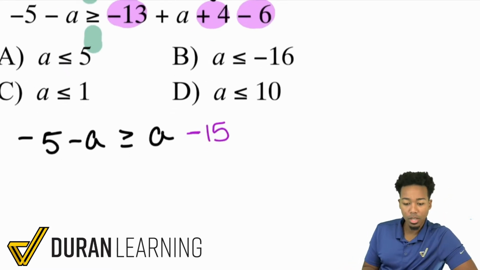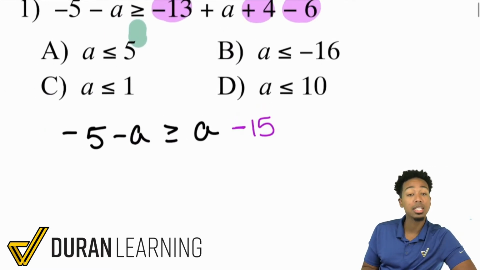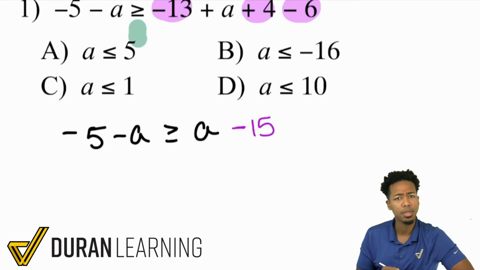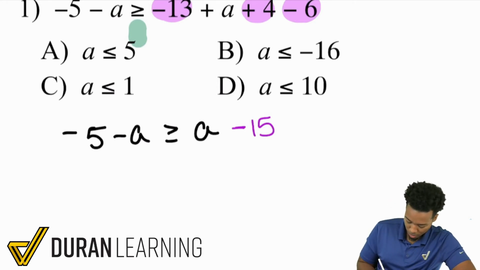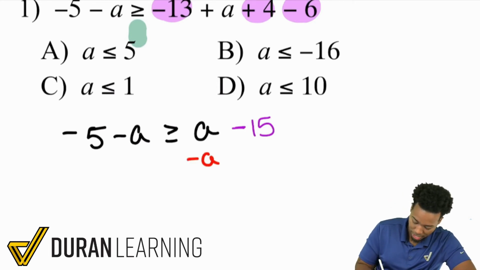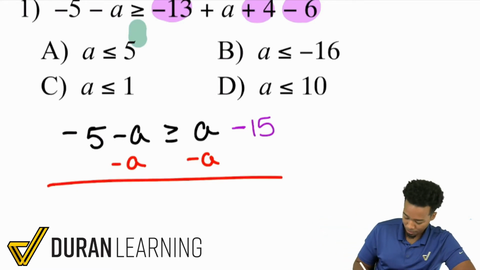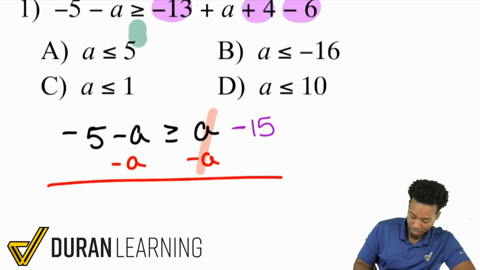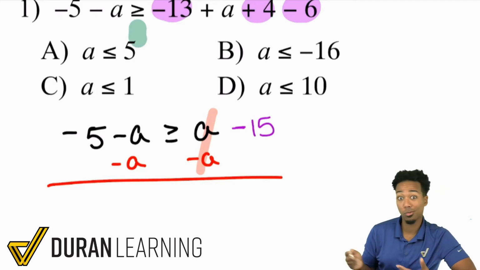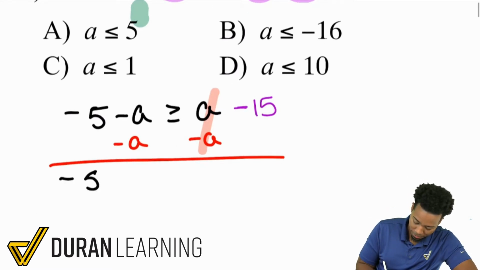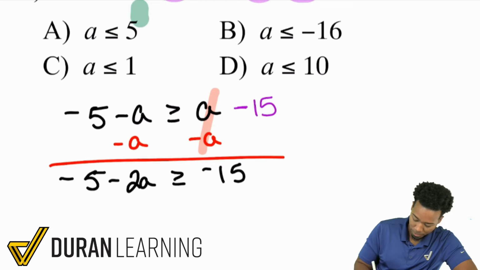Now that we're here, we're going to try to get the a's on the same side, get the numbers on the other side, and then see what we have to do from there. So I'll subtract this a on both sides just to move it over to the left side, because it's going to cancel here. Then negative a minus a, or negative 1 minus 1, is negative 2. So we'll have negative 5 minus 2a is greater than or equal to negative 15.